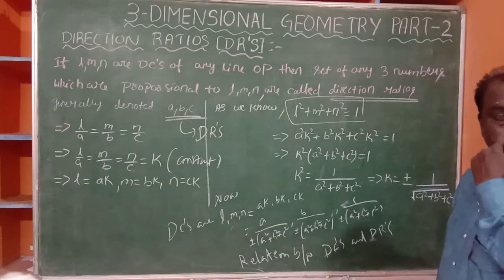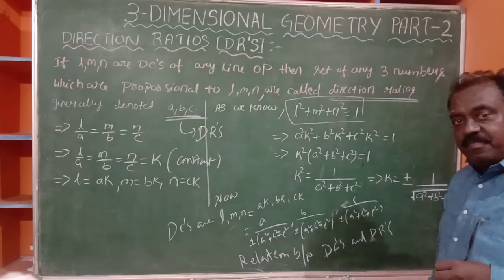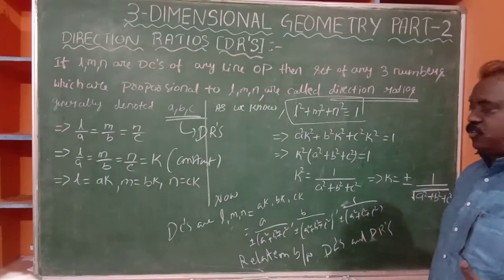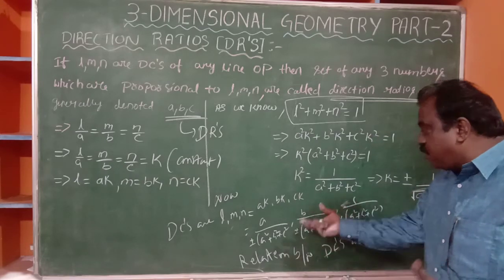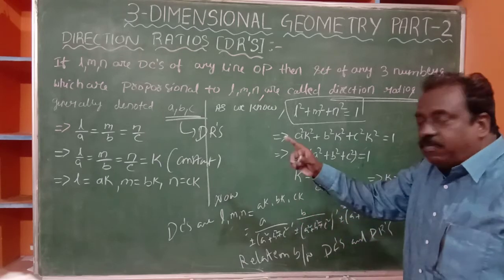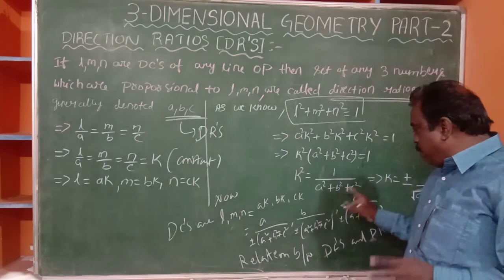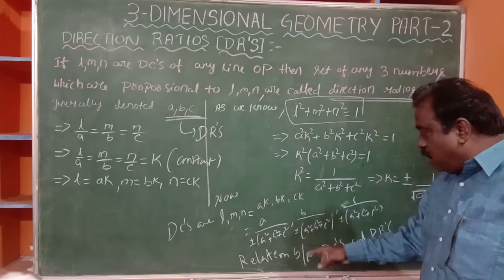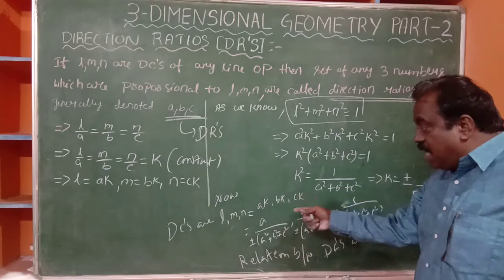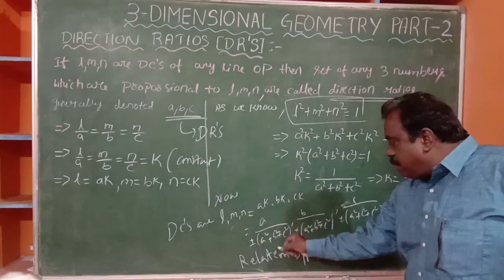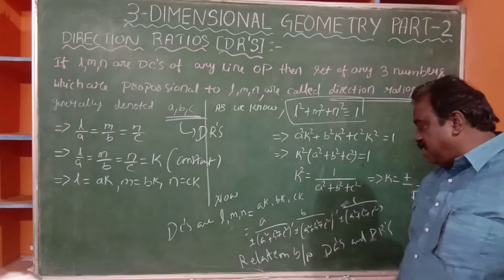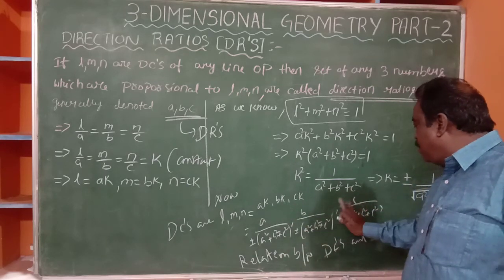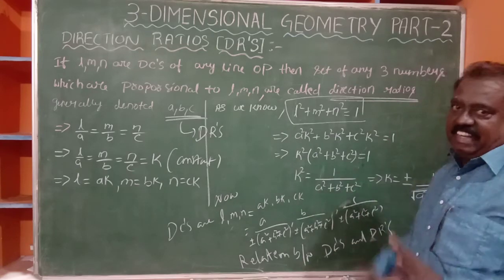First we learn DCs, through that we get DRs. But in problems, we are first given DRs, and through that we can find the DCs. If A, B, C are the DRs, then how do we calculate L, M, N? A by the root of the sum of squares of the DRs, B by, C by the same. That is the relation.